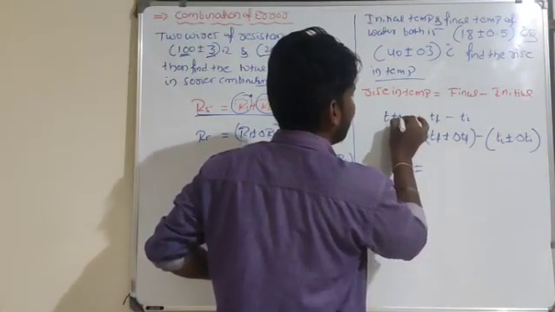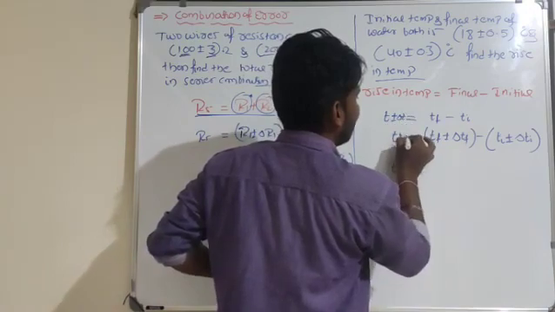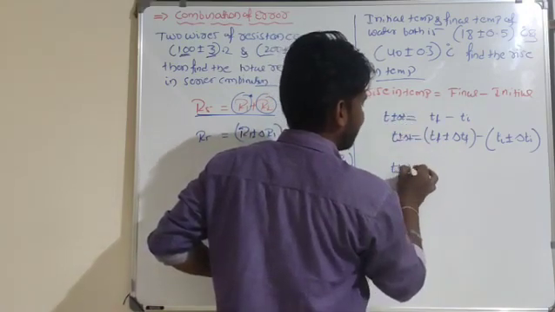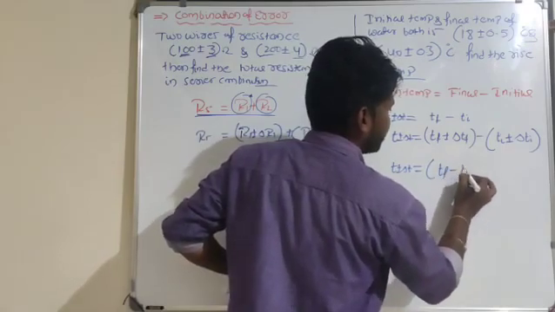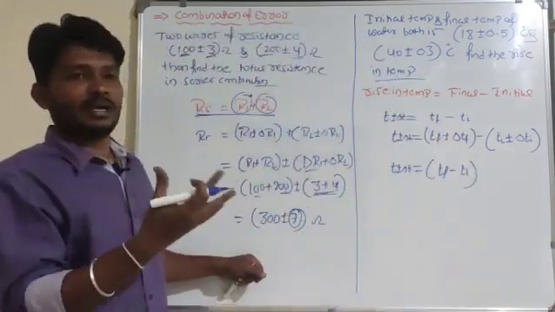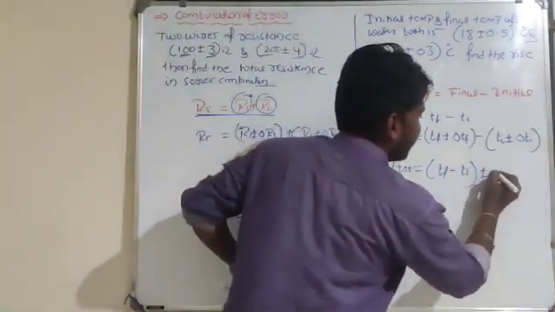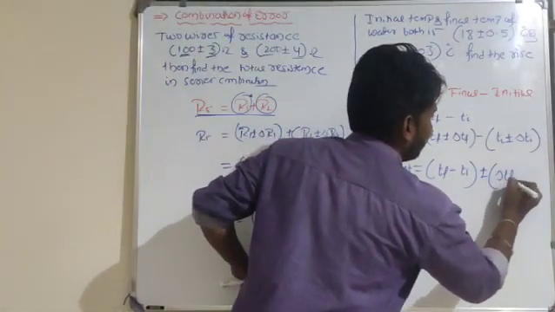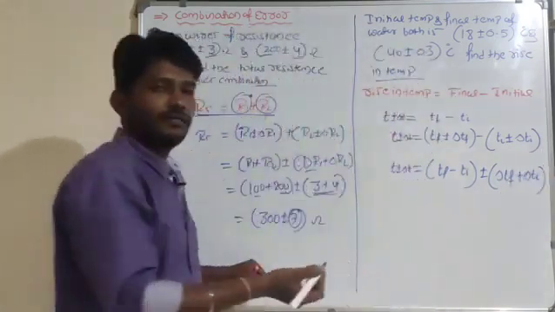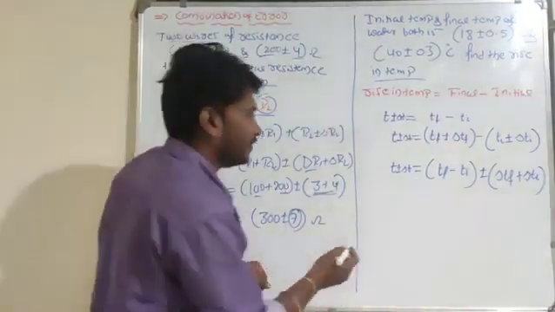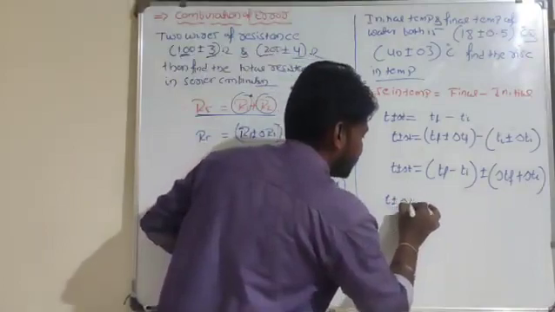So T plus or minus delta T is T_F minus T_I, final temperature minus initial temperature, plus or minus delta T_F plus delta T_I.